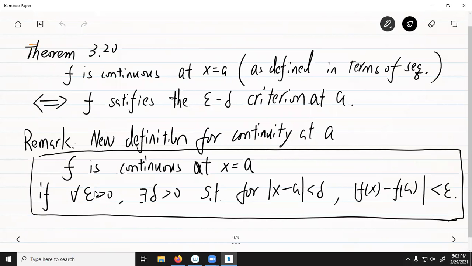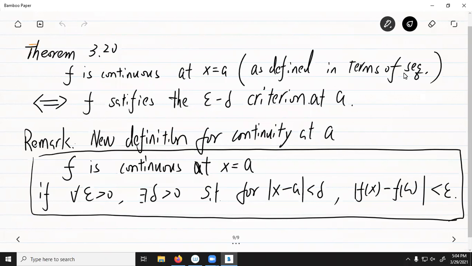So this is called continuity. This is one way you have seen in your calculus book, which is called the epsilon delta criterion definition.